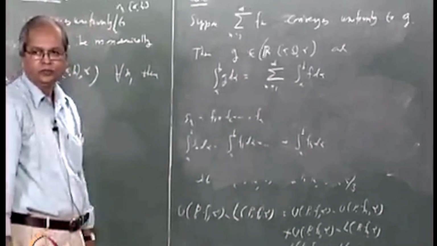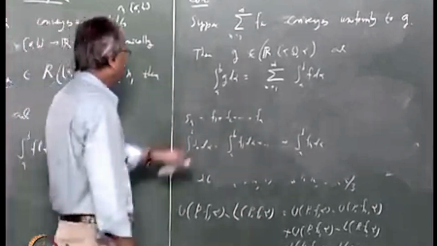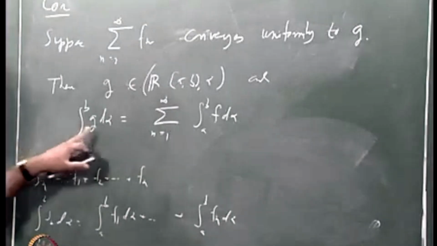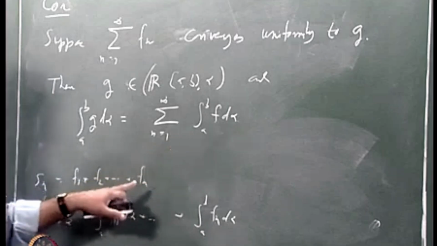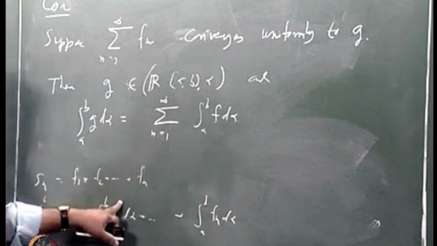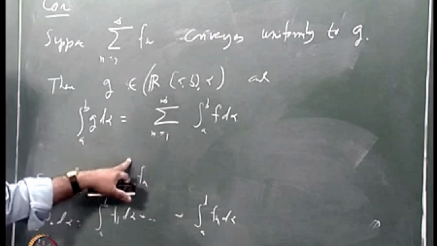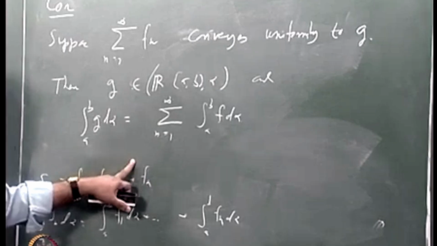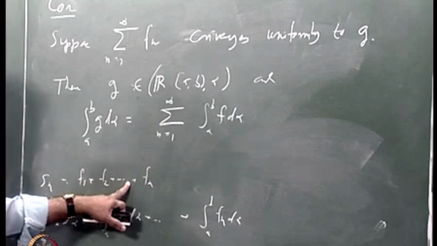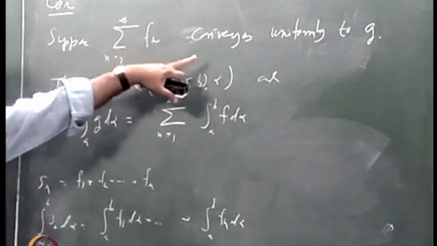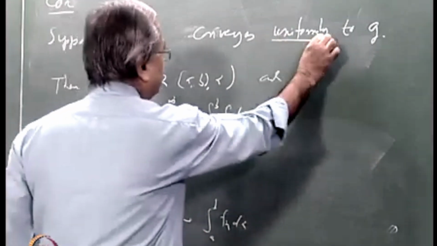That is, integral of the sum is same as sum of the integrals. Of course, this is something we already know about the finite sums. The question is about the infinite sums. In case of infinite sums, it is in general false. It holds only when the convergence is uniform, that is important, okay.